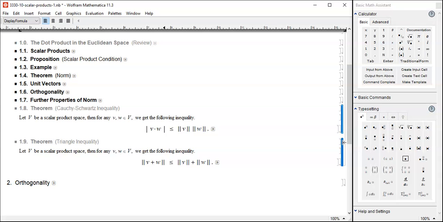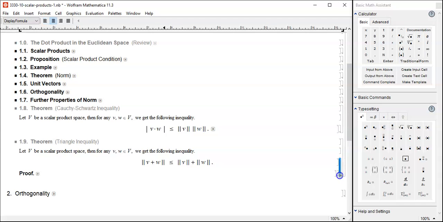In terms of proofs, I think producing these from scratch will exceed the level that I'm thinking for this course. So you don't really have to be able to do that. But as for using these, yeah, you should be able to do that. Proving the Cauchy-Schwarz inequality out of nowhere is going to be a bit too much.